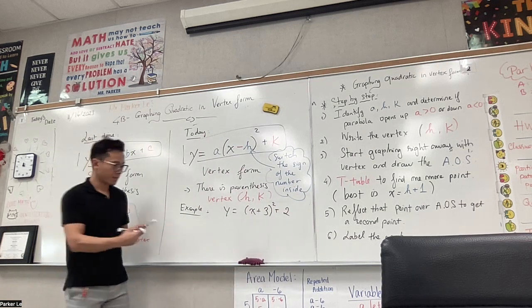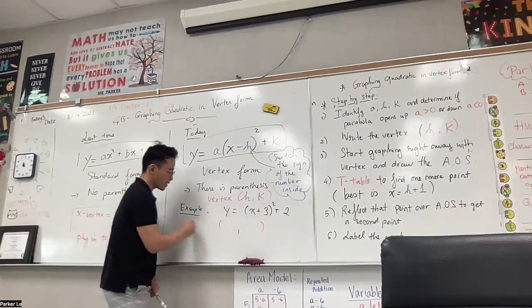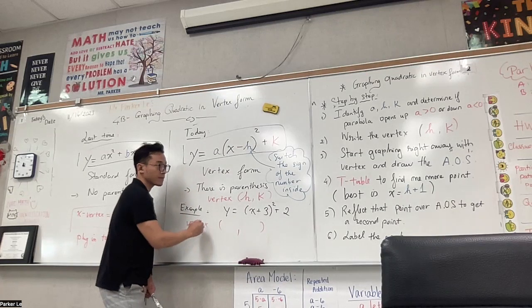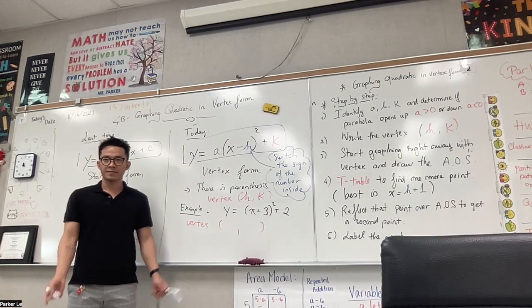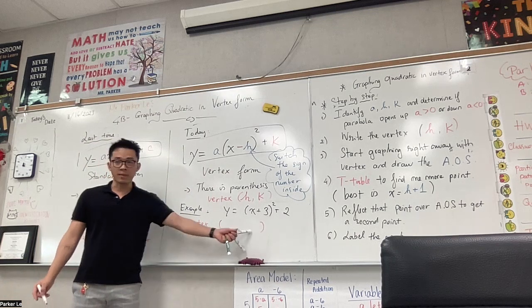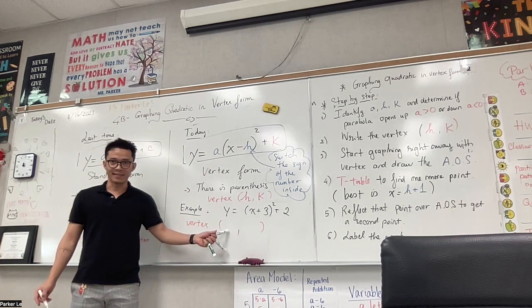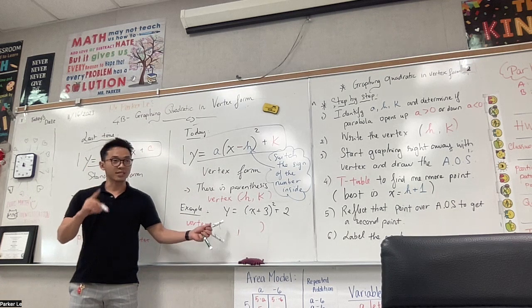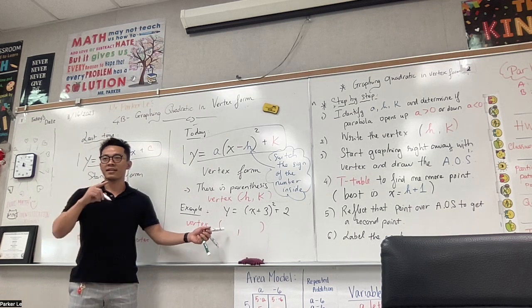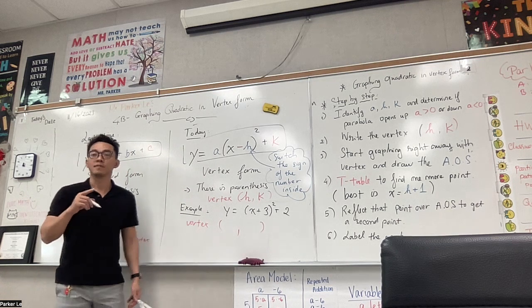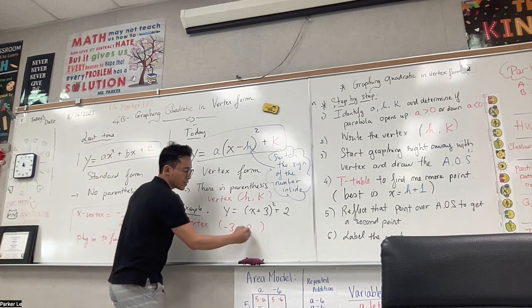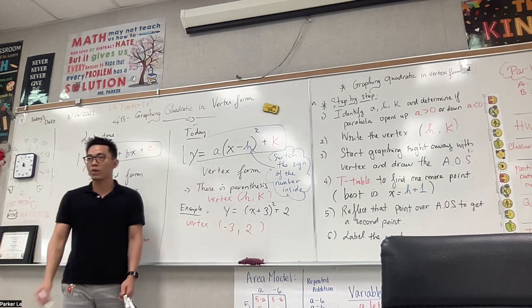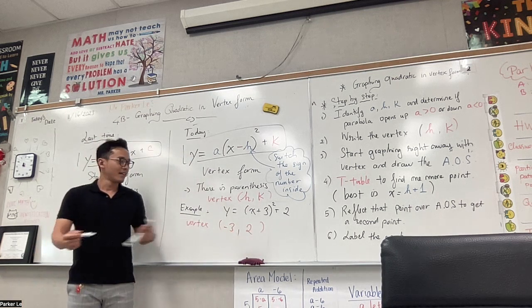Raise your hand so we get some answers. 3, 2? 3, 2, but it's still not correct. Very good. Negative 3, 2. That's my point. Okay, 1 point for that answer.